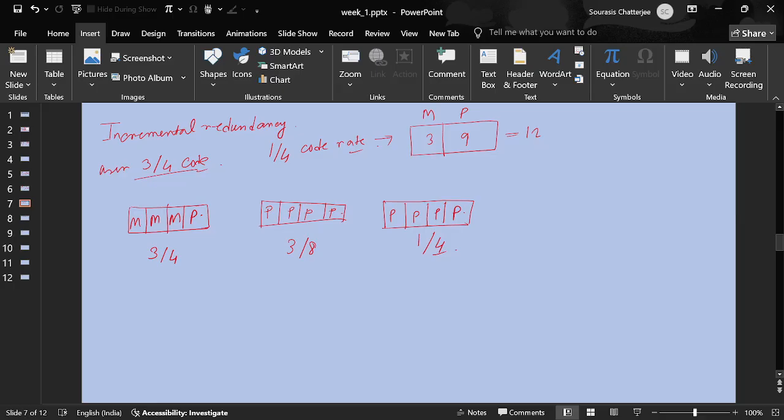For example, for this particular scenario, let's pick this example. This is the first transmission, this is second, this is third. Can I transmit the second one first, and then this one? In that case, your message bits will not be there in the first transmission.